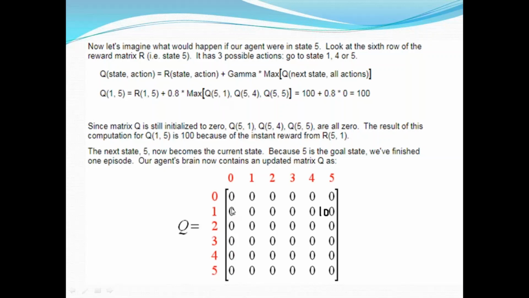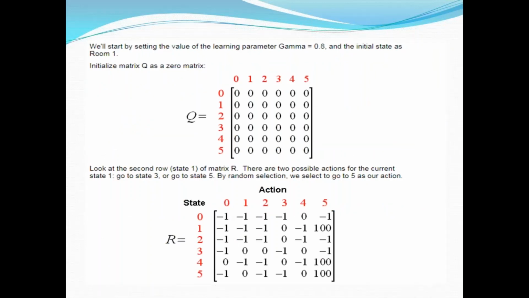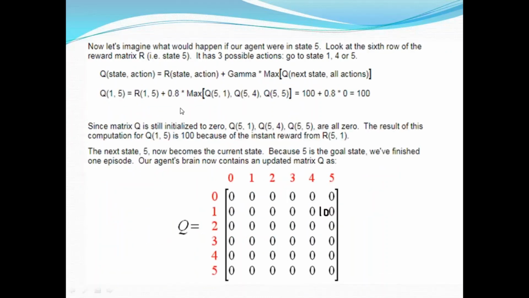So from 5, if you can see the reward matrix, which has been shown previously, you can go to either 1 because we are having 0 here, or 4 or 5. That is a self loop. So if there is no direction or no path, it will be shown as minus. So from 5, there is a possibility of going to 1 or 4 or 5. So you'll be employing that in this particular equation.